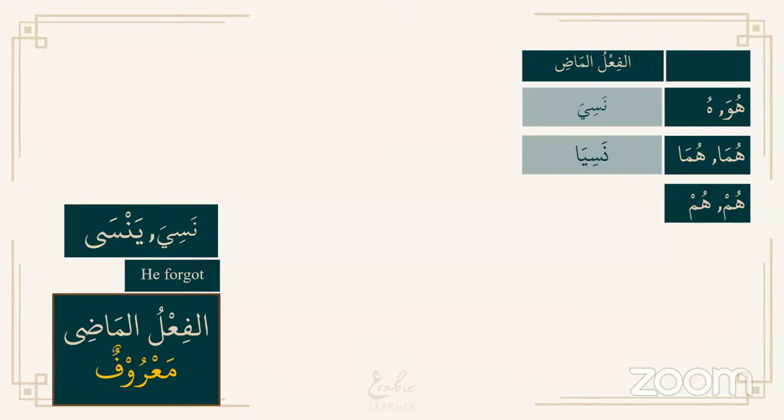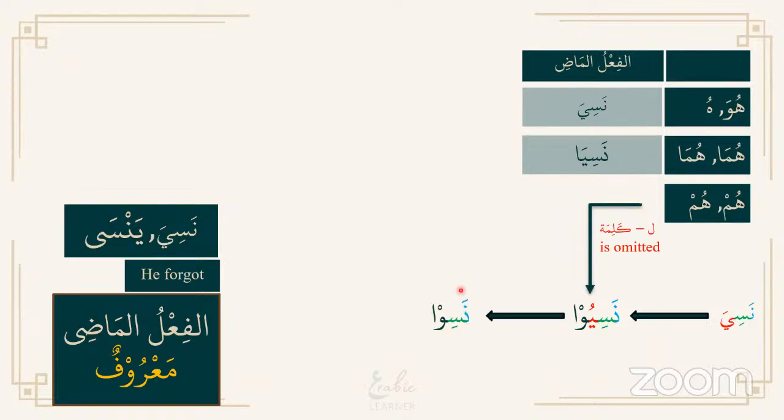That is Samia, Sami'u. So Nasi'u, Nasiyu. You drop the lam kalima, so you end up with Nasi and waw.